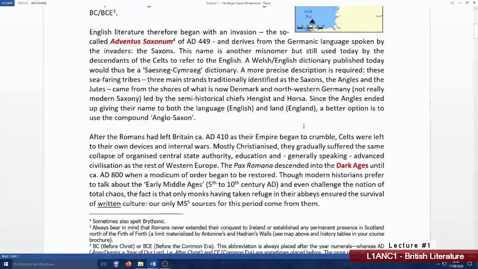Now, I have to go into more detail for you to really understand the situation. After the Romans left Britain around 410 AD, their empire crumbled, and the Celts were left to their own devices and internal wars.